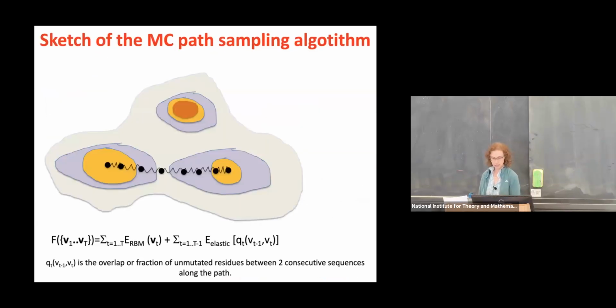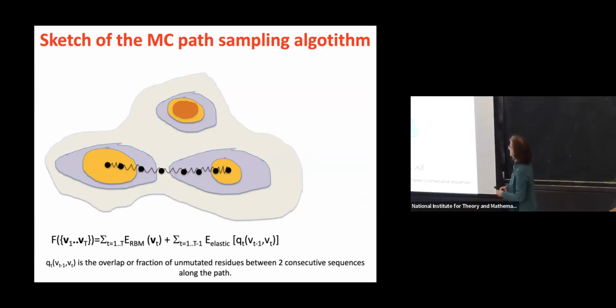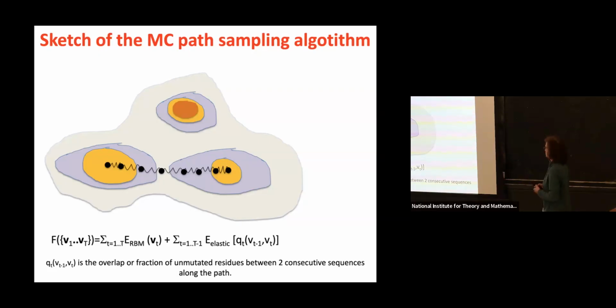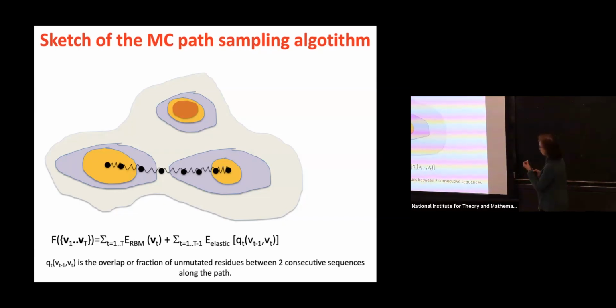To do this, we consider a free energy in which you have the path. T is the length of the path, which we fix, capital T. For each small t step on the path, the RBM energy should be low, so it is a good sequence for the RBM, and also the elastic cost of going from one sequence to the next one should be small.